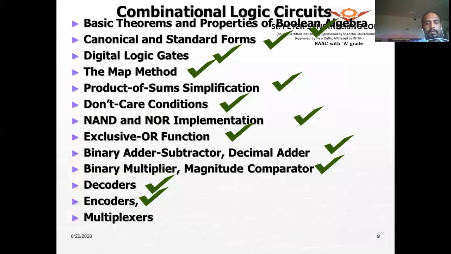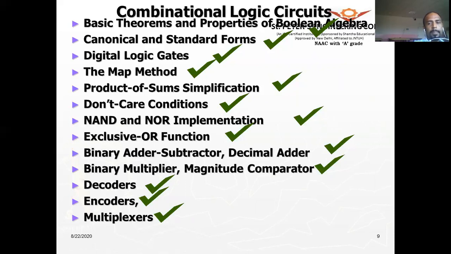So far, we have seen all these topics in unit 4, that is the combinational logic circuit. We have seen the multiplexers and how the multiplexers are used. That means the application of multiplexers is what we have considered in the previous video session and in this video session.